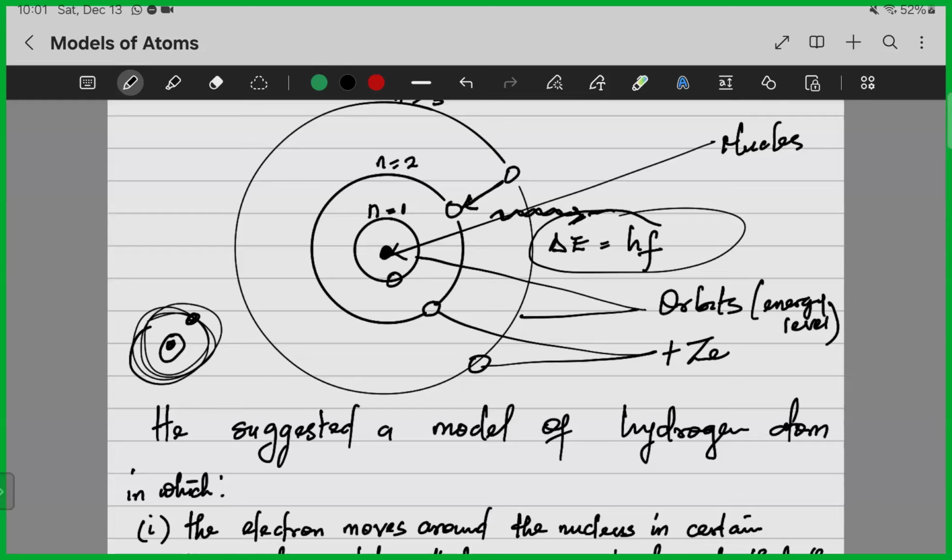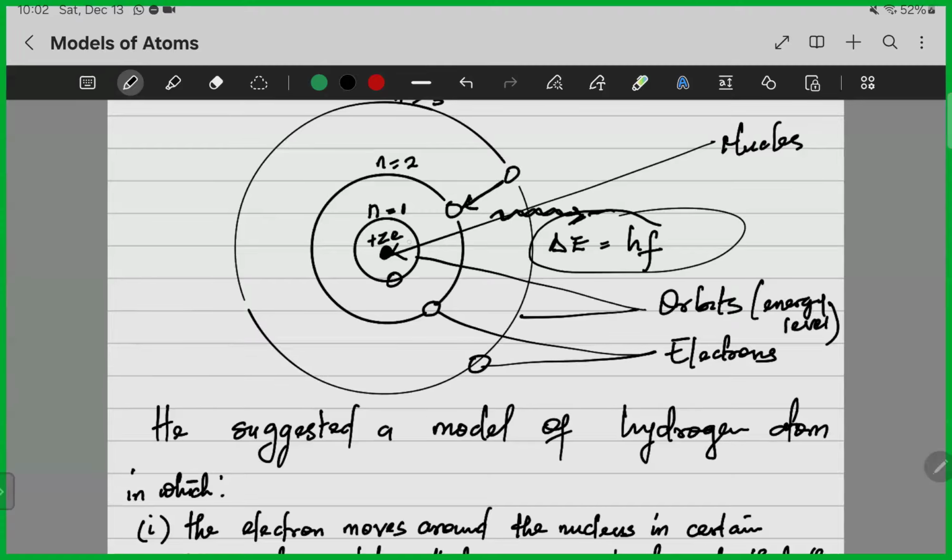Let me correct something. These things that exist on the orbit are called electrons, while the symbol I put here before showed that the nucleus is positively charged.